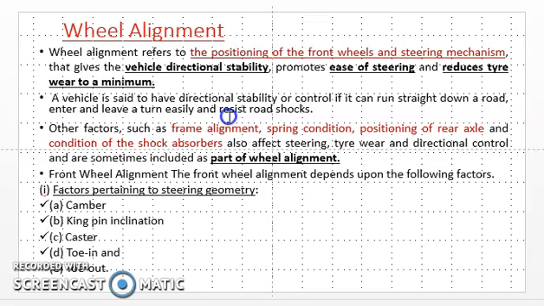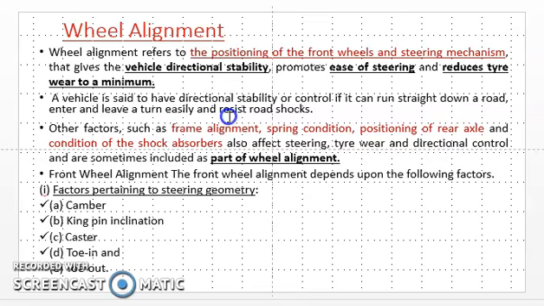Especially, suppose there is excessive tread wear, and there is heavy steering, you require a lot of effort for steering, and there is greater fuel consumption. If these three conditions are there, then you should definitely go for checking of this steering geometry.